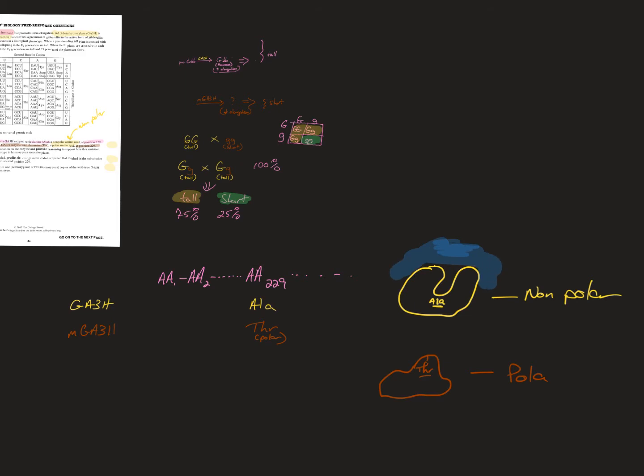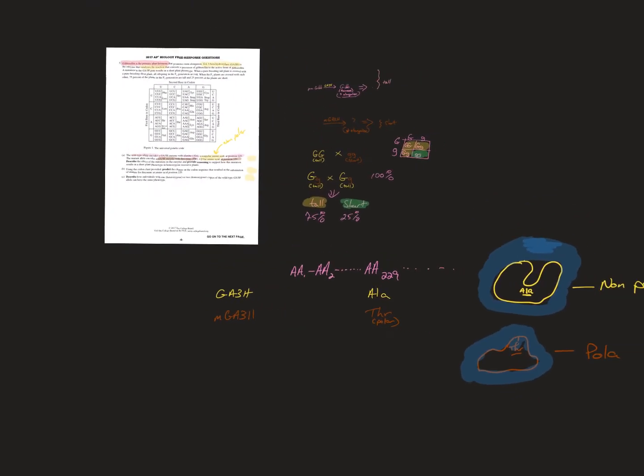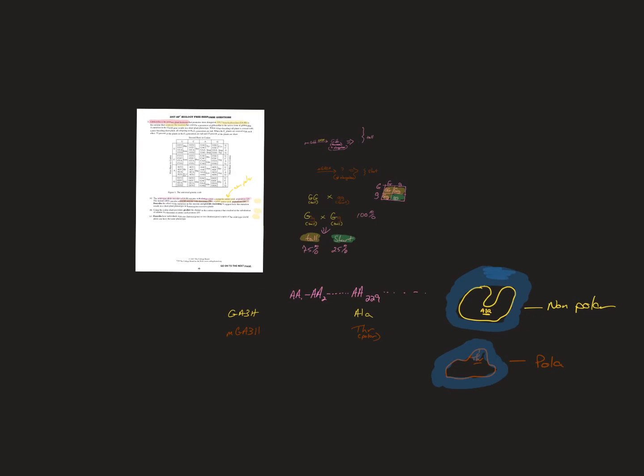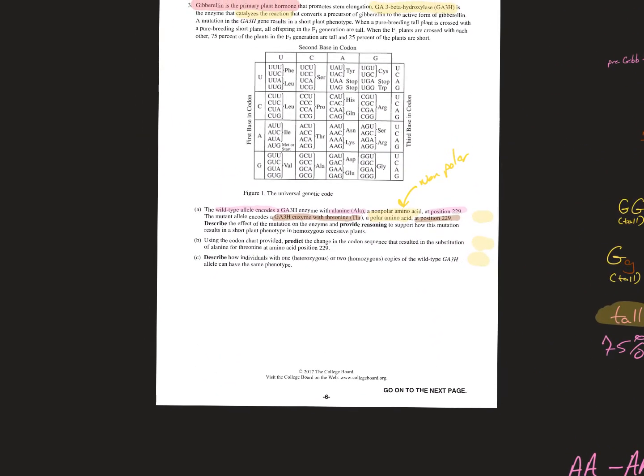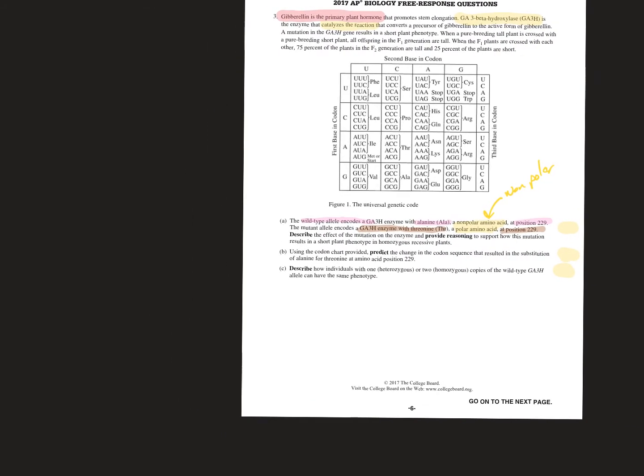The hydrophilic amino acids are all pointing out, where the hydrophobic ones are pointing in. So now threonine comes along. Threonine is polar, so it's hydrophilic, so it's pointing outside. So you've changed the shape. The point is, by changing one amino acid, you change the shape of the protein that's folding, and that causes the hormone not to work, or not to work as well.